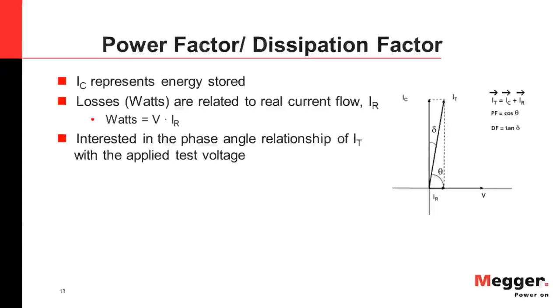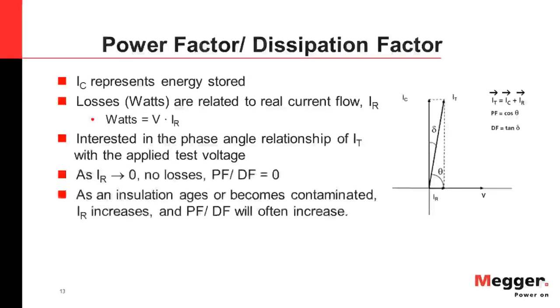Since we are measuring the losses anyway, a logical question to ask would be, hey, why are we even looking at power factor or dissipation factor? And the answer relates to size. An insulation system, for example, twice as big as another, but otherwise in the exact same condition, will generate twice as much loss. But you can't directly compare the losses of similarly constructed insulation systems because there's no practical way of quantifying their sizes.